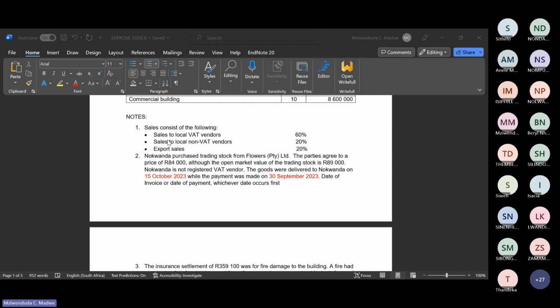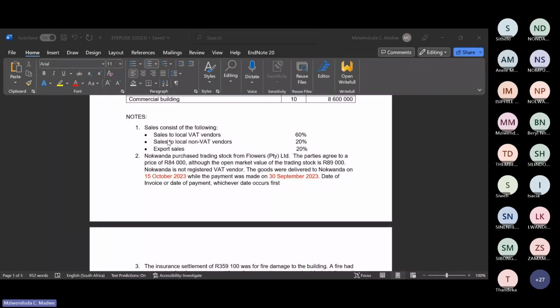So what will you say here? In terms of section 9, subsection 1, the date I will start calculating VAT from is 30 September. Okay, in English, in terms of section 9, subsection 1, the time of supply from our scenario is 30 September, because it is the earlier date.